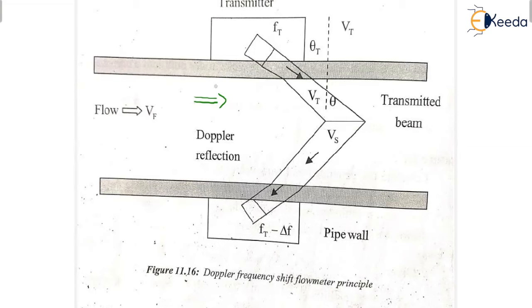I'm going to make the fluid flow carrying the suspended particles. A continuous wave ultrasonic signal of a frequency of around 10 megahertz, how much, my dear students? 10 megahertz, I'm going to apply.